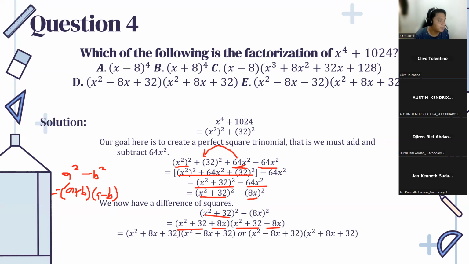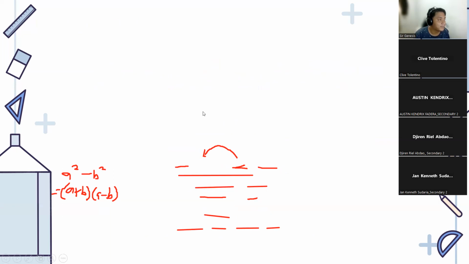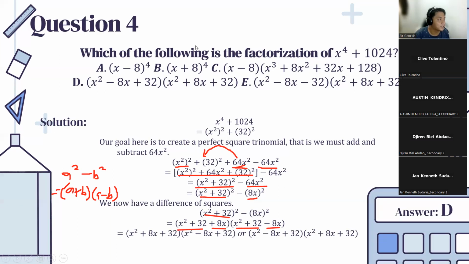So that will be the factored form for x raised to 4 plus 1024. So if you match this one with any of the choices, you will have D as your final answer.